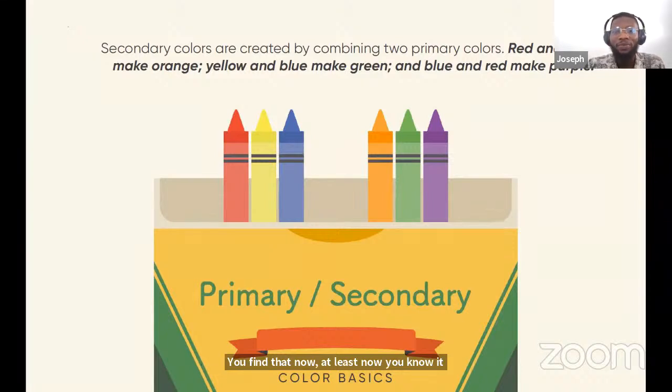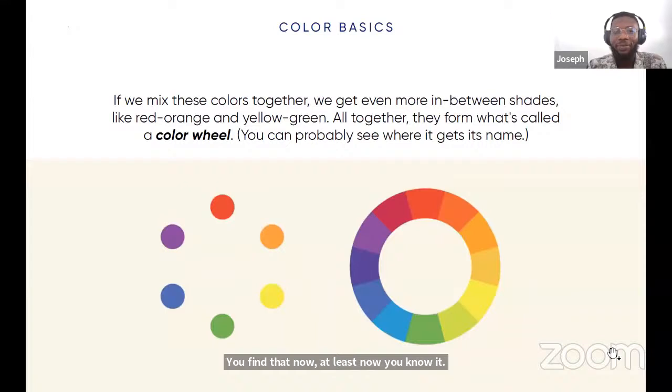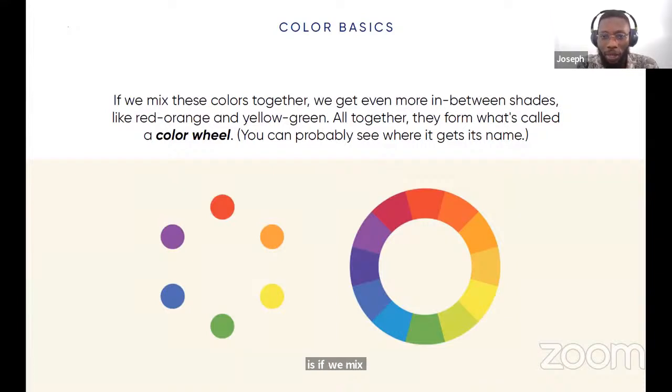So let's keep going. Now, these are what the color wheel. I'm sure you heard the word color wheel as well. So how does the color wheel work is if we mix the primary and secondary colors that we just talked about together, we will even get more options in between them, right?